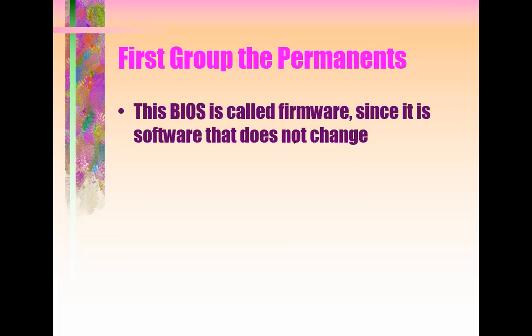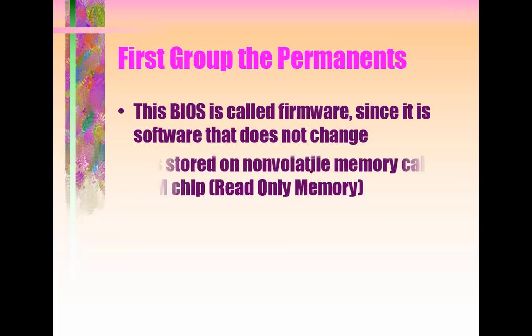So the first group of the permanents, the BIOS, is called the firmware, since it is software that does not change. Even if you look at your phones, you hear about firmware. That is the permanent programs that you find in your phone. That will never change, right? That is what we call firmware.